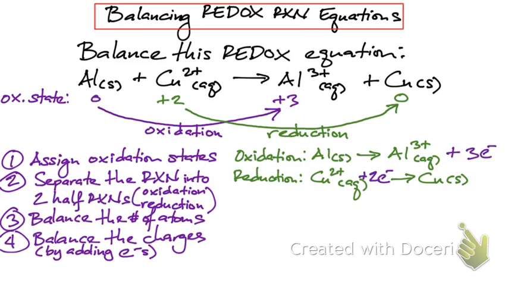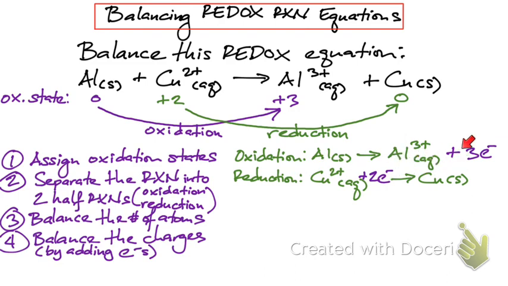All right. And so once the number of atoms or number of elements have been balanced and the charges have been balanced, you want to make sure that the number of electrons are equivalent on both half reactions. So you can see that the oxidation reaction here has 3 electrons, and the reduction reaction only has 2 electrons.